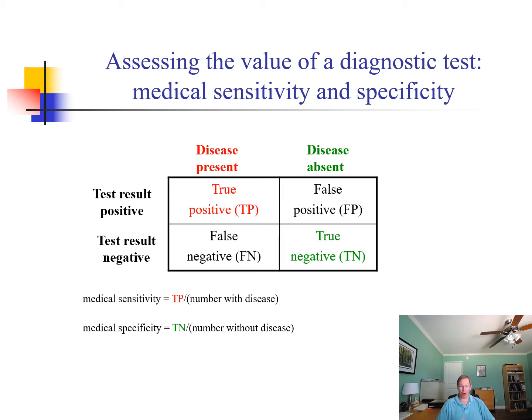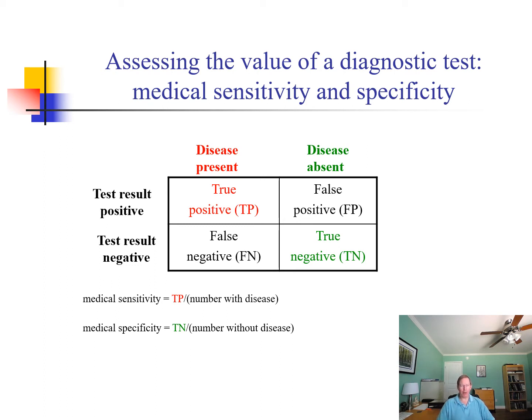Number two, they cost money. And number three, they may not help you and they may even confuse matters. So when you're trying to decide whether to use a test or not, some of the characteristics of that test help you in that decision. And the two most important ones that we'll talk about today are medical sensitivity and medical specificity.